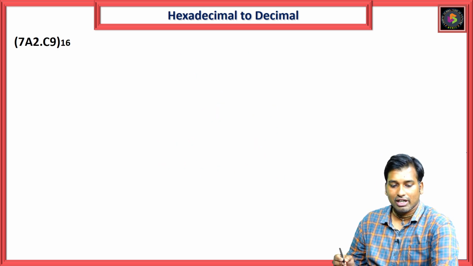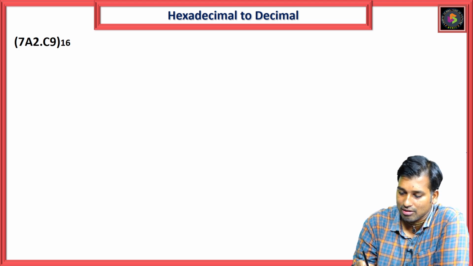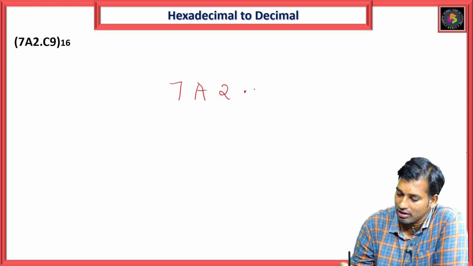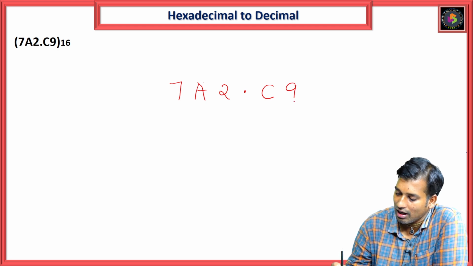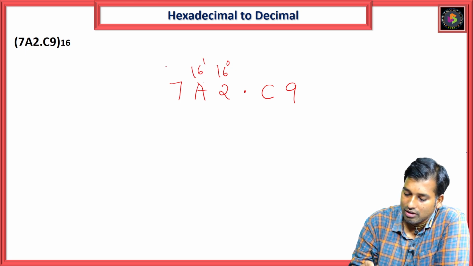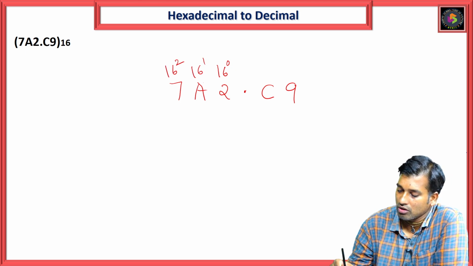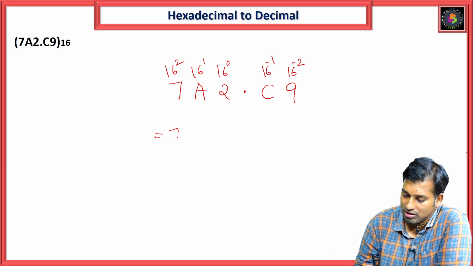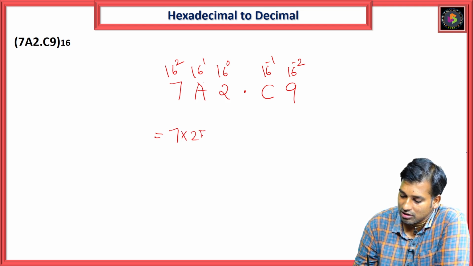Similarly, we can do the same thing for hexadecimal to decimal number system, where this is hexadecimal 7A2.C9. So this is 16 power 0. These weights are 16 power 0, 16 power 1, 16 power 2. This is 16 power minus 1, 16 power minus 2. So this is nothing but 7 into 256.